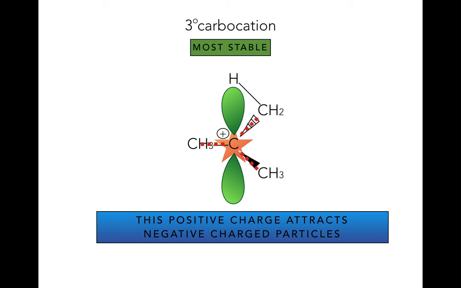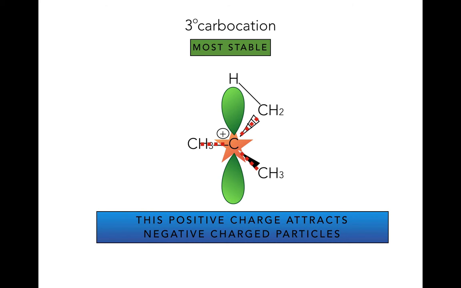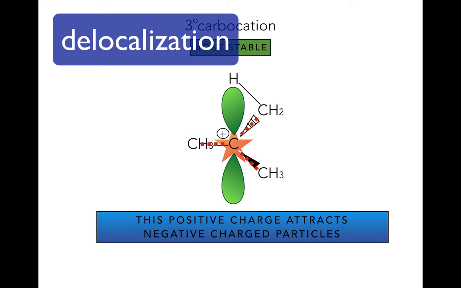This positive charge attracts the negatively charged particles. So since this carbon has an empty orbital and a plus charge, it is going to attract the negative charges from its surrounding methyl group carbons as well. The fact that it has 3 carbon molecules surrounding it gives it more ability to distribute that positive charge, causing it to be a fairly stable carbocation.